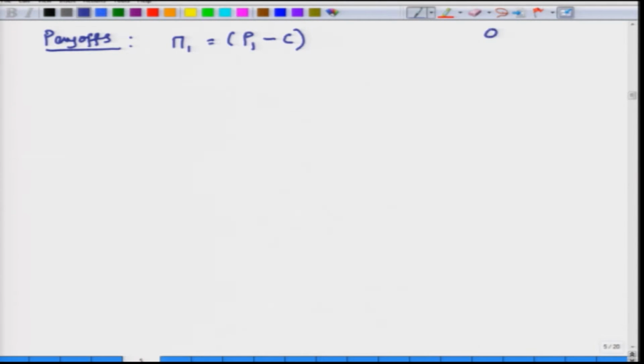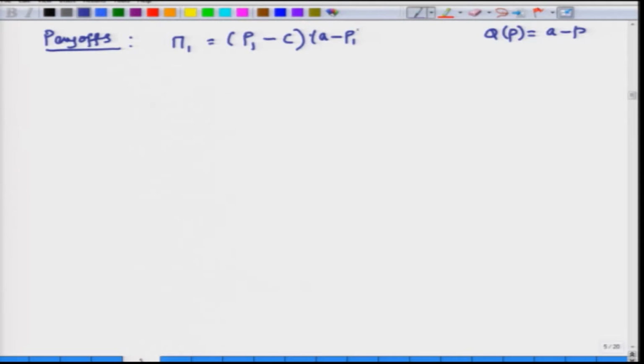Recall that the demand curve is A minus P, where P is the minimum of P1 and P2. So, if P1 is less than P2, then the entire market demand is captured by firm 1, so the quantity is A minus P1. If both firms charge the same price, P1 equal to P2, they split the market, so firm 1's profit is P1 minus C times A minus P1, divided by 2.